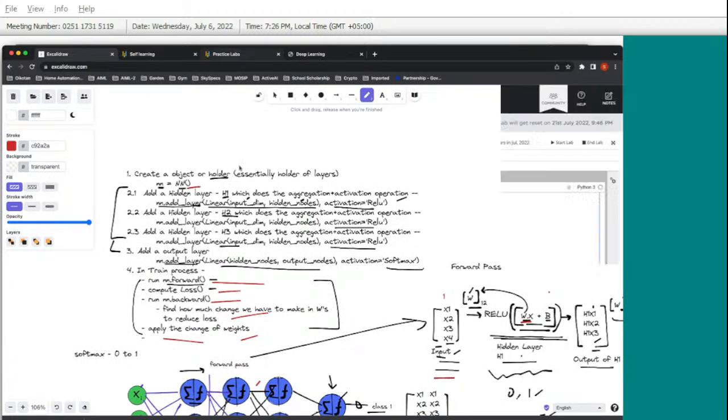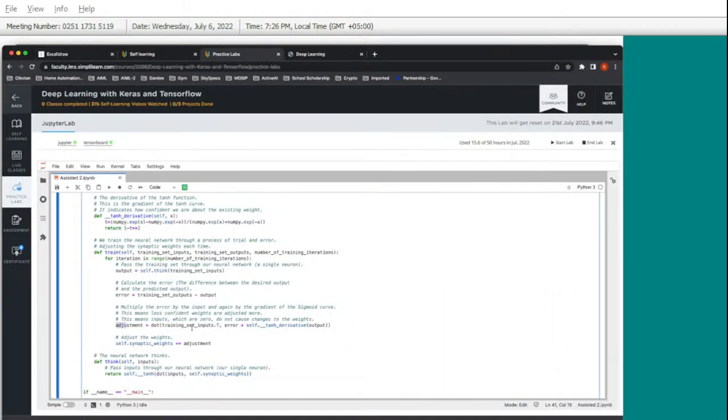And let's compute our adjustments. What is this? This is my dot product of whatever inputs I've got, comma, the error times my tanh derivative, right? In a very simple manner, this is me finding how much I have to adjust.